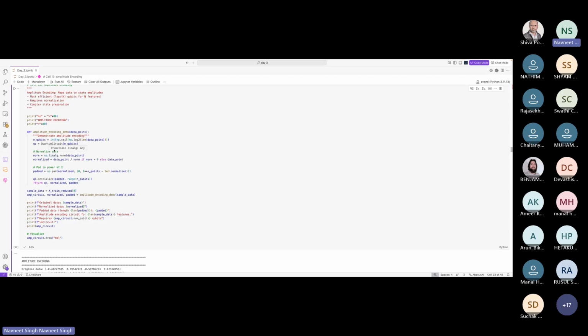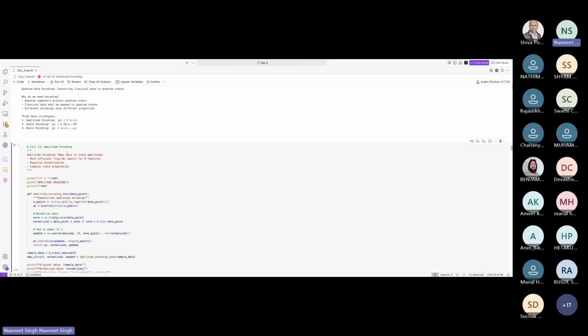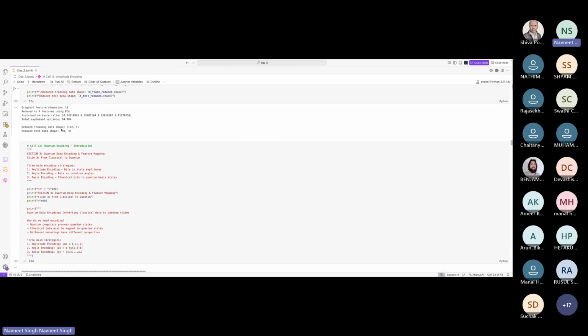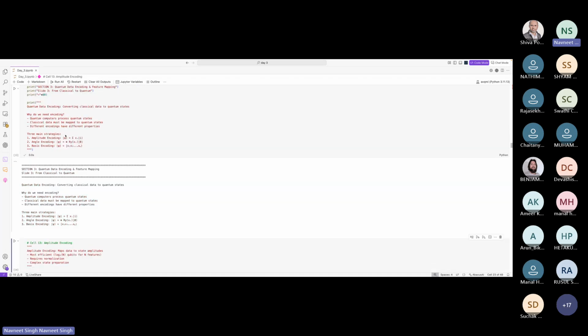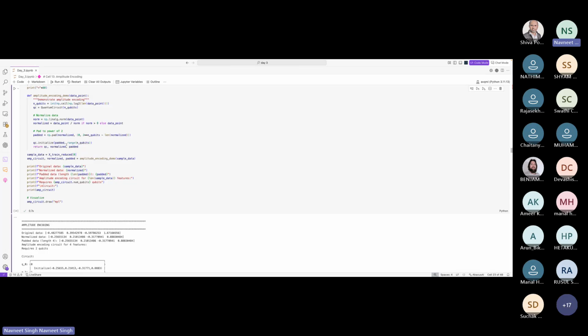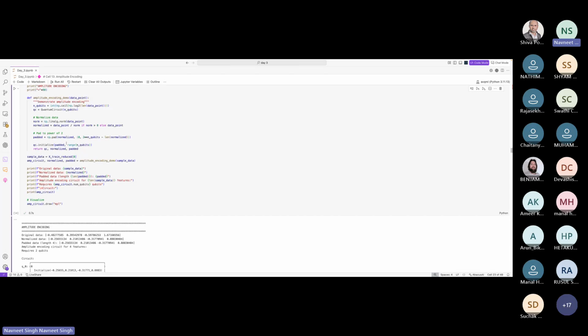First, we sample from our reduced training data. That sample is a vector from our PCA. After we print that original sample, we can see its current shape. Then we compute the Euclidean norm, the length of that vector.